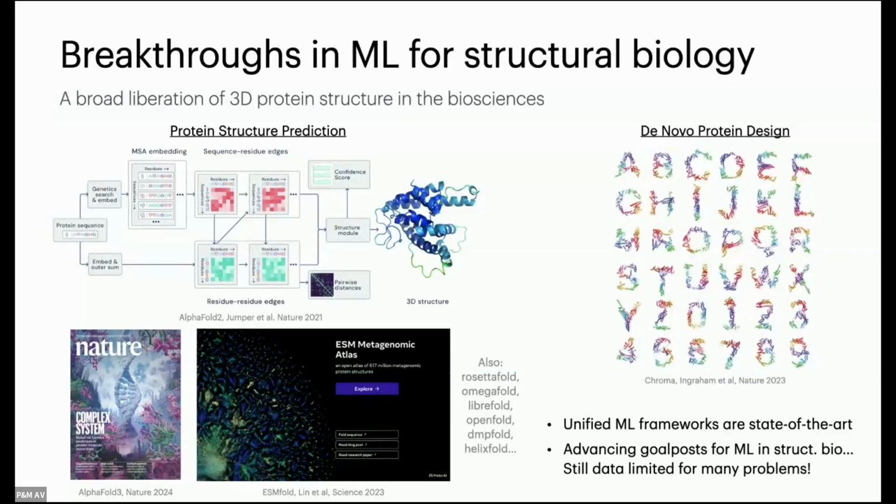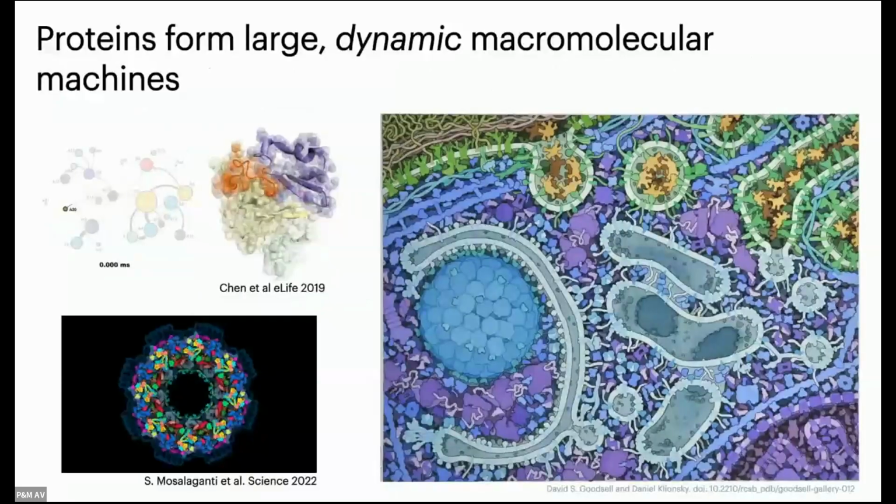But on the scientific side, we're interested in understanding additional functions, and so the goalposts are yet advancing, and we're still extremely data limited for many problems, which is why I feel lucky that our group focuses on the analysis of these interesting biophysical measurements that are extremely noisy to reveal these new protein structures from experimental data.